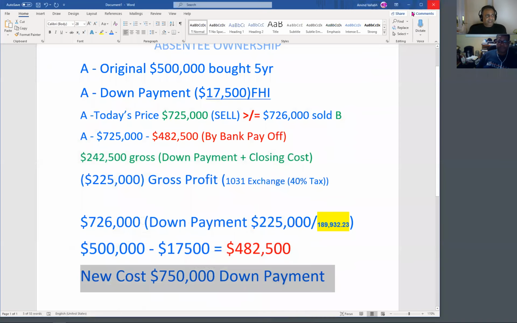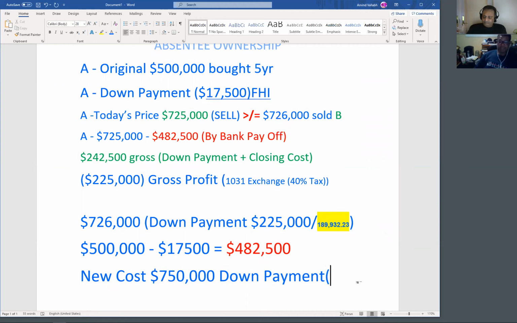So now here's his net. He's buying a new house over here. Now, let me ask you this while you're saying that. I think I heard you say, whatever the profits are, all of it must go down. Yes, sir.